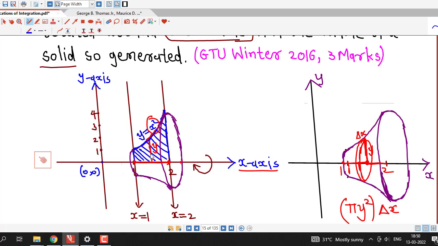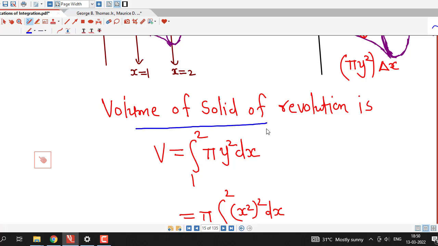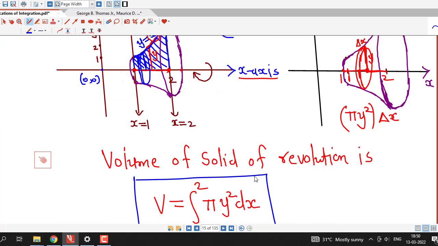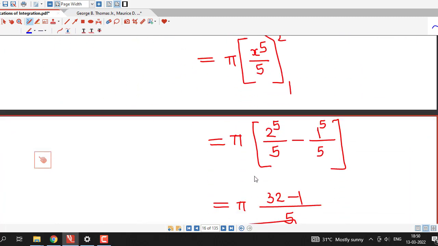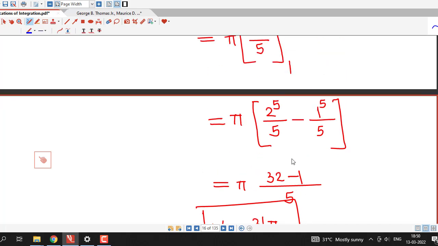Now to find out the volume of this solid, we consider the cross section of this solid perpendicular to x-axis, and that cross section is a circular disc with radius y. So the base area of this disc is pi into y square and thickness is delta x. Therefore we have this formula for the volume of solid of revolution, pi into y square dx, and y is given by x square, so we substitute y equal to x square, and by integration we obtain that the value of volume is 31 pi divided by 5.